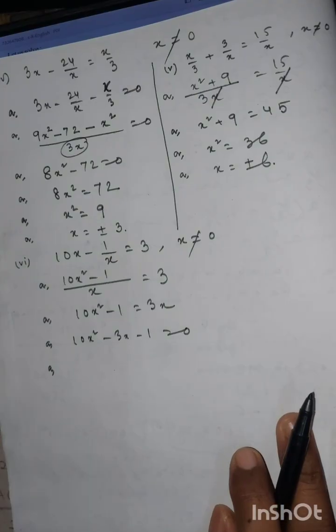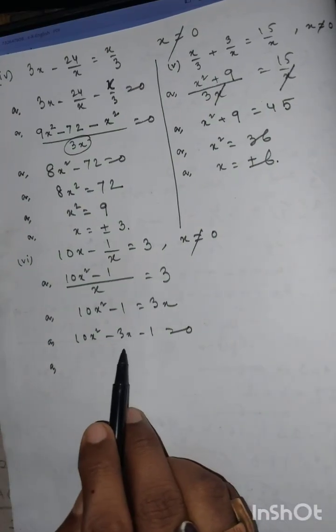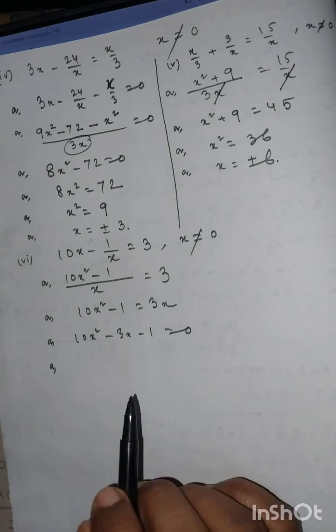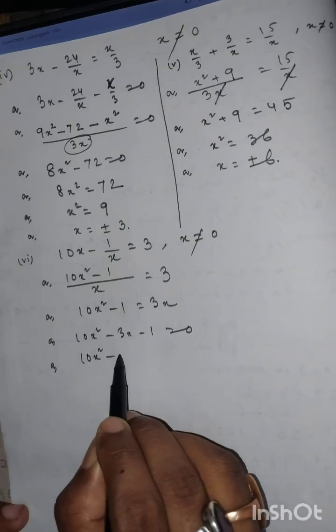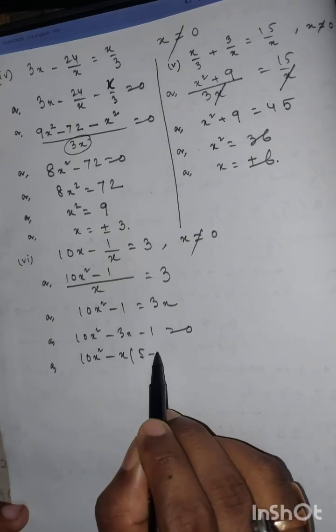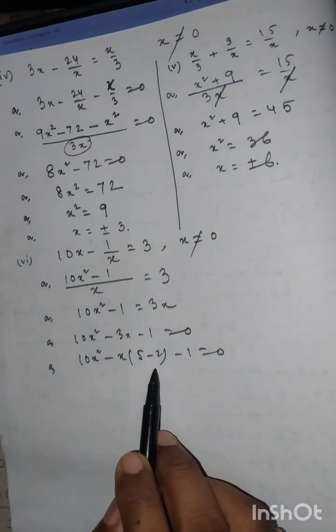Now we are going to break the middle term. Like this, 5 minus 2.